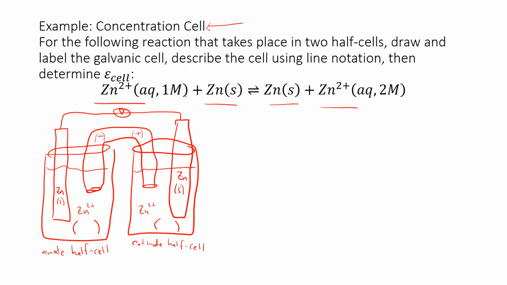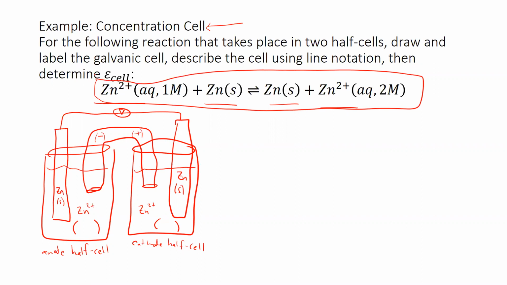And so if we were to take the reaction up top and actually split this reaction into two half reactions, we'd have to figure out what was going on in order to determine which direction that reaction was going. But we have two reactions that are occurring. One of them is zinc 2+ aqueous. I'm not going to put my concentration in there yet because we haven't determined which one is which.